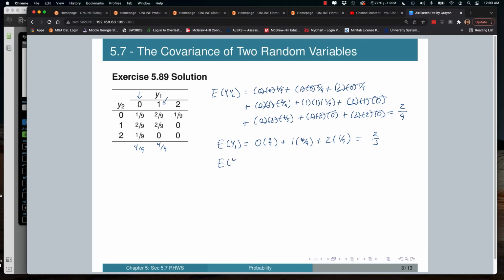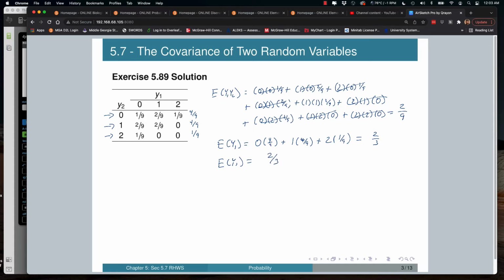So I don't bore you, you'll get the same thing if you do the rows: 0 times the first row's total of 4/9, 1 times the second row's sum of 4/9, and then 2 times 1/9. You end up getting the same thing.